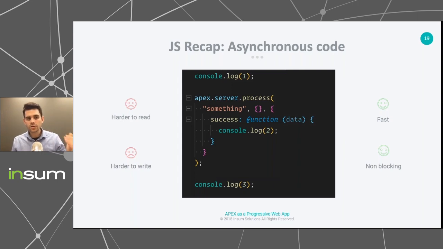If you look at the console logs in that snippet, console log 2 is wrapped in an asynchronous block. If I read this from top to bottom, I would expect the outcome to be console log 1, 2, 3. But because apex.server.process, the block in the middle, is asynchronous, the result will most likely be 1, 3, 2.